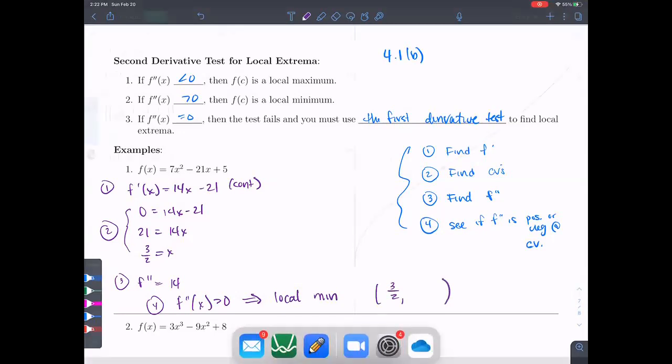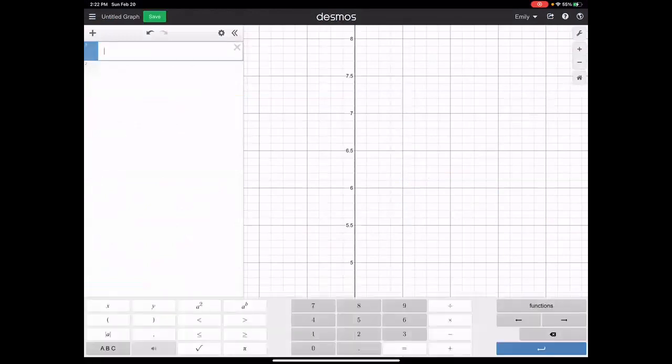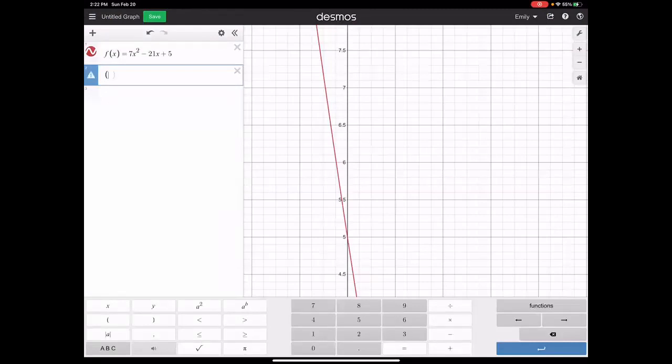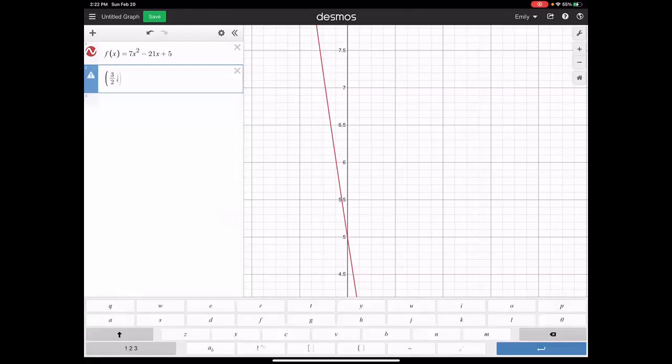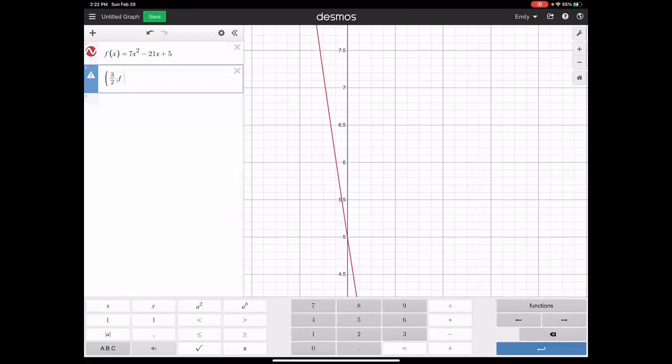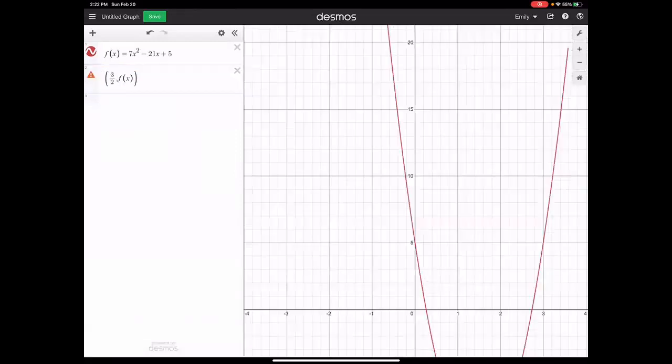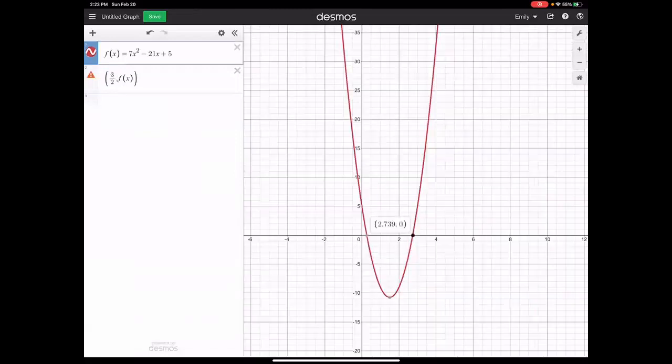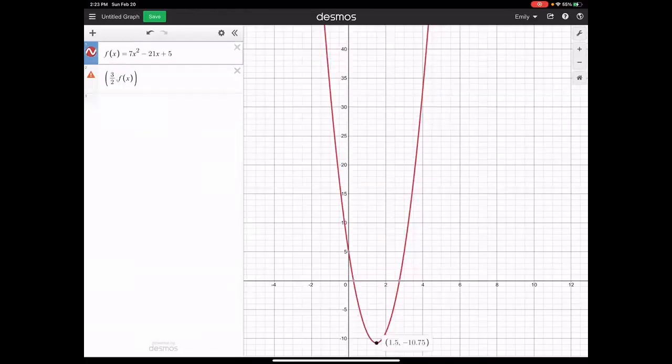7x squared minus 21x plus 5, and we want to know what f of x is at 3/2. Hmm, what's wrong with that?